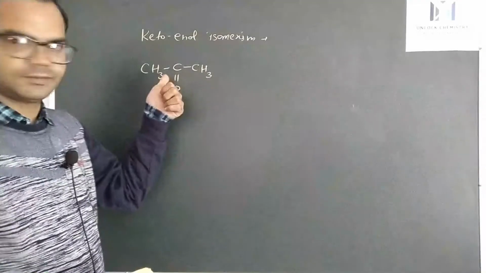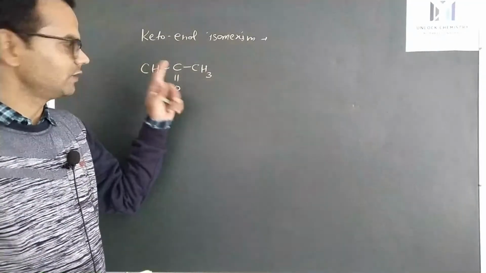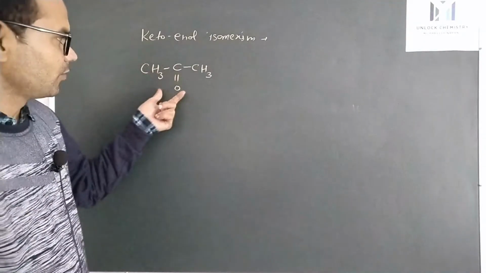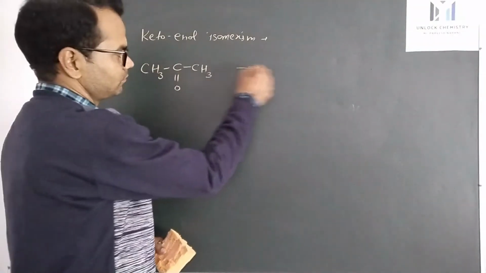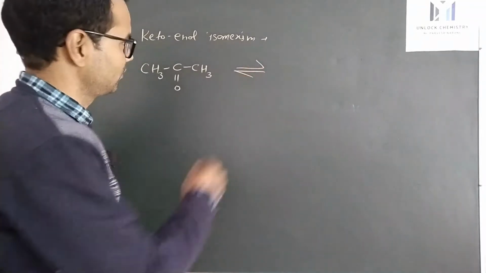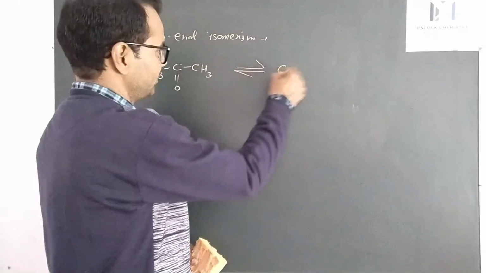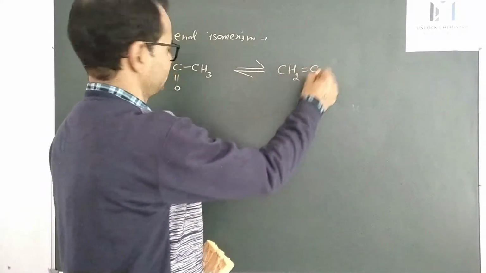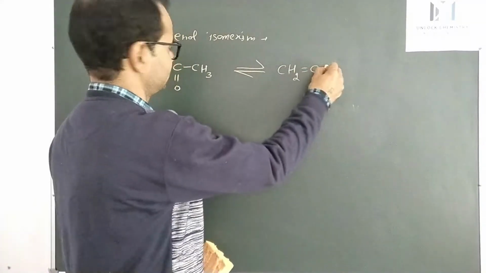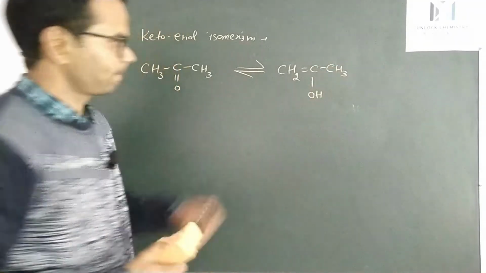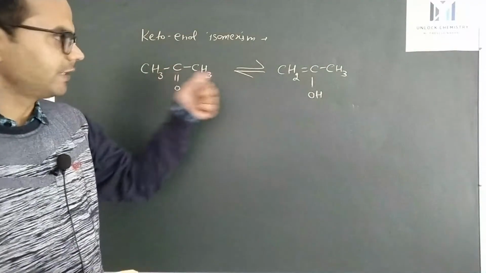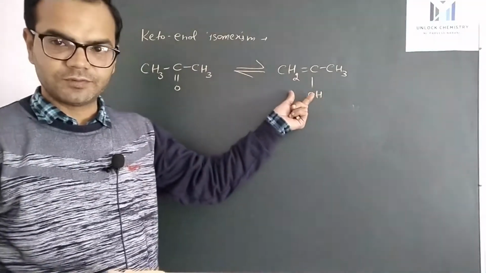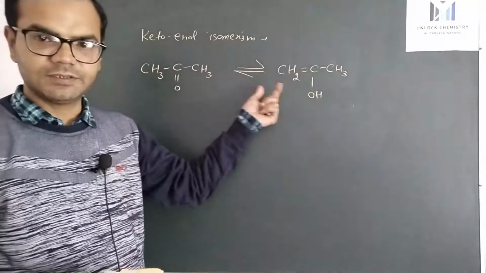We can see we have 6 alpha hydrogens, but at least we need only 1. We will fix 1 hydrogen. This will remain in dynamic equilibrium with this compound. But how does this compound form? We will understand it with the mechanism.